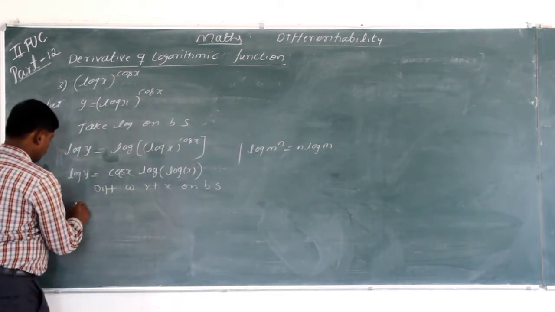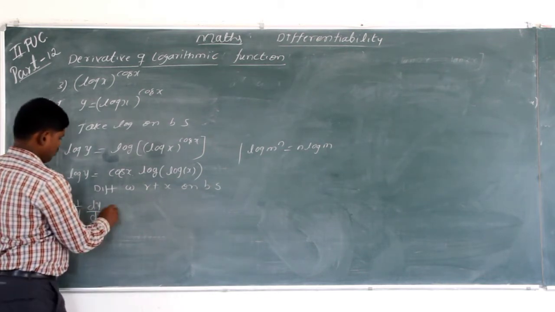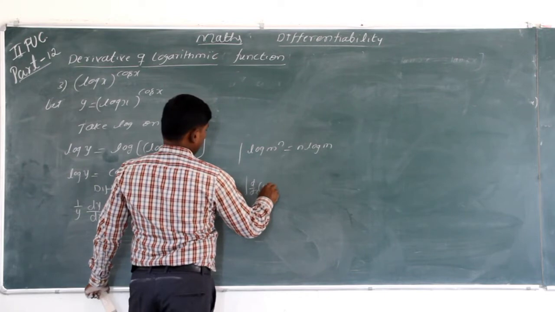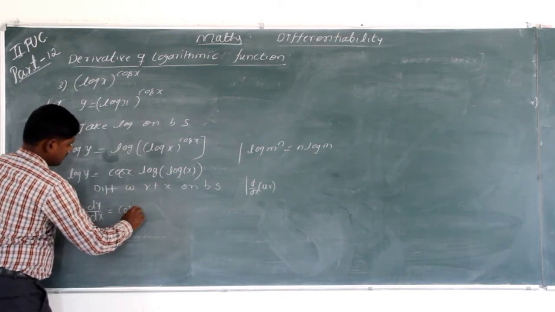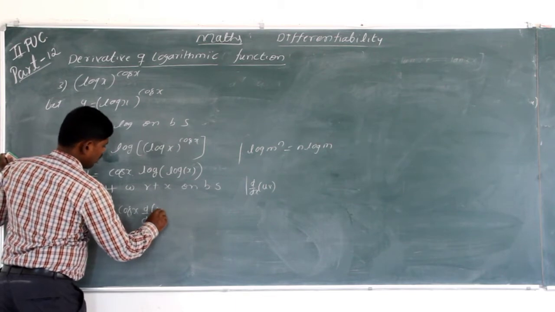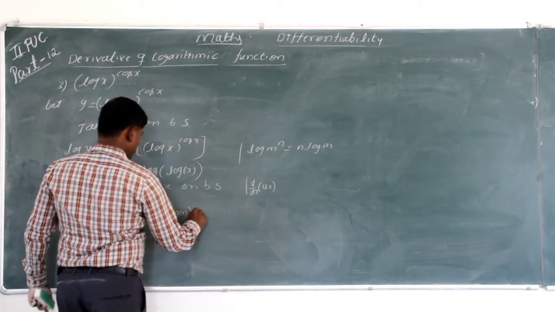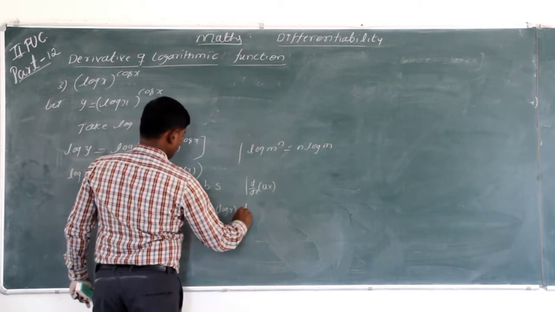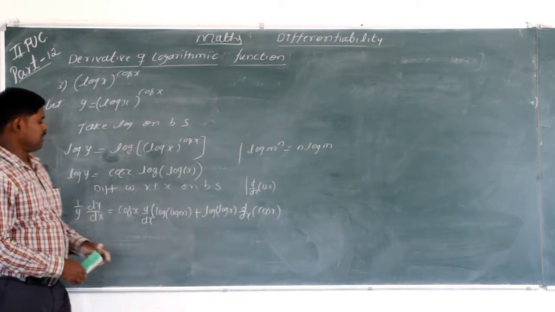So 1 by y into dy by dx is equal to d by dx of u into v, that is the first function cos x into d by dx of log x, plus log of log x into d by dx of cos x. Just we are using the product rule here.